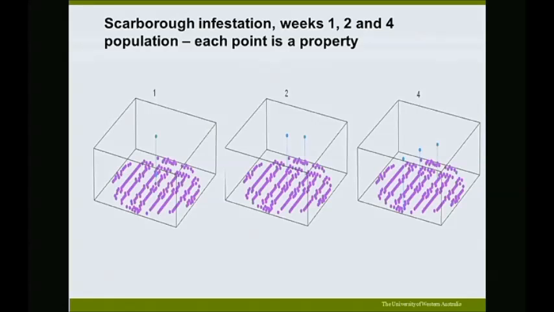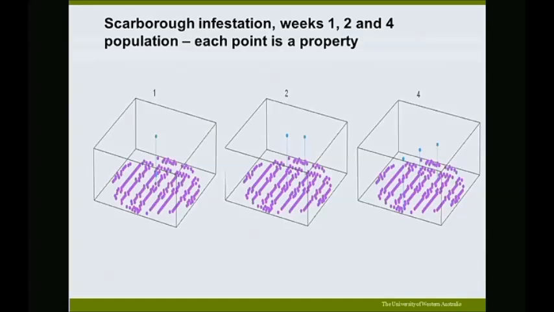This is what some simulations look like. So these purple dots are mean streets of Scarborough. Those are the houses that haven't got anything. And then it's not very interesting really. They've just got a couple of light blue dots that indicate some pest population is there. And then this evolves through time.